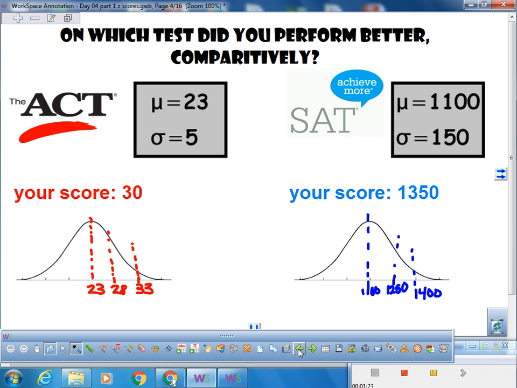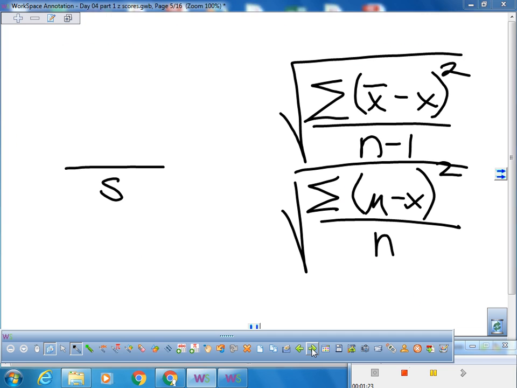The mean, right? Christiana was right. She says that the spread has to do with the spread away from the mean, right? So if we're talking about the spread away from the mean, and you care about your score, what do you think my formula would be?